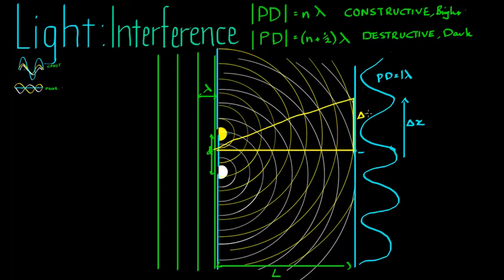The length of this side is delta x, which is the length on the screen from the first bright band to the second bright band. This side here has length L, and that angle there is theta. So we can say that tan theta equals opposite over adjacent equals delta x on L. Tan theta equals delta x on L.